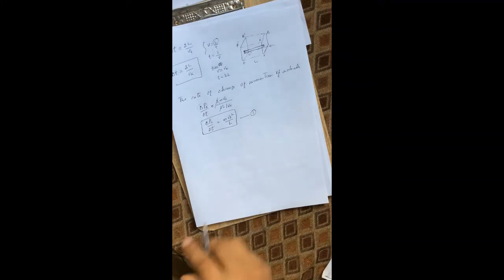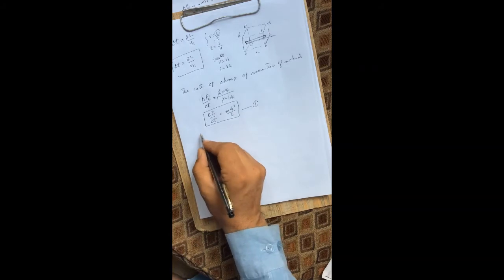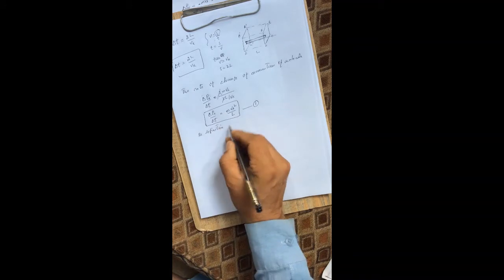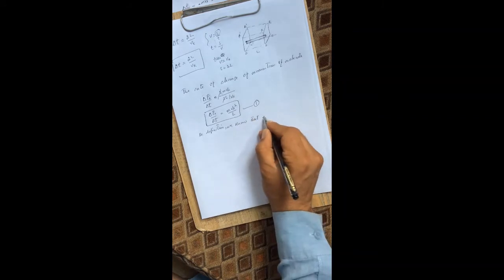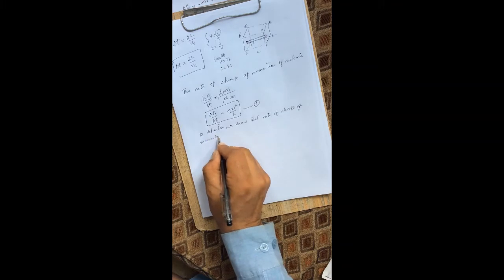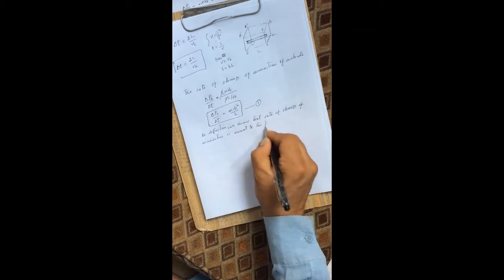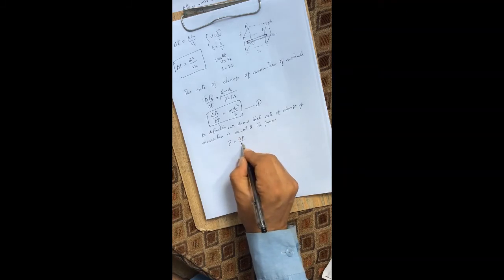By definition, we know that the rate of change of momentum is equal to the force. We can say that force is equal to delta P over delta T.